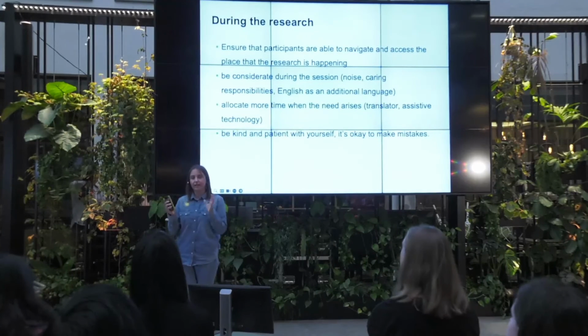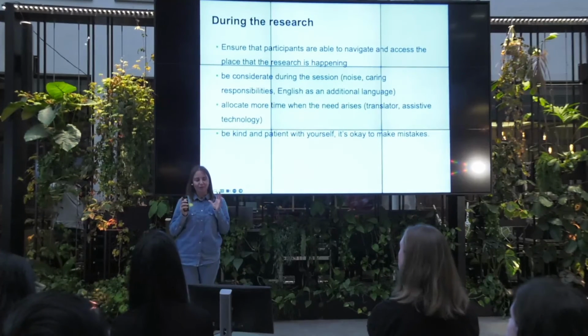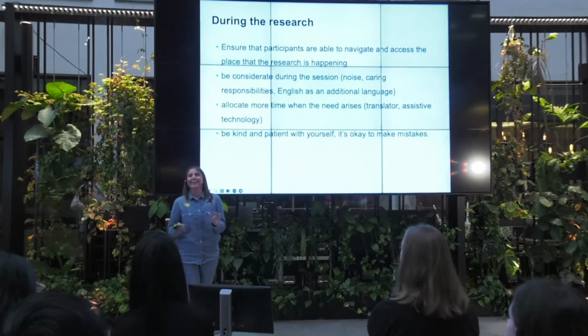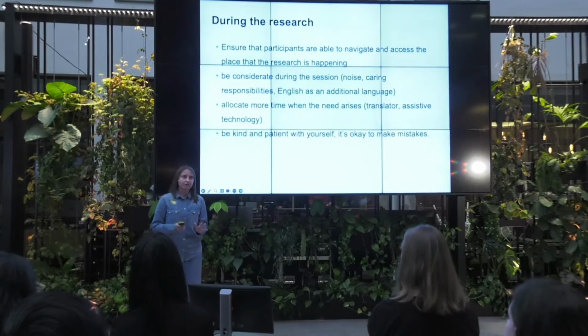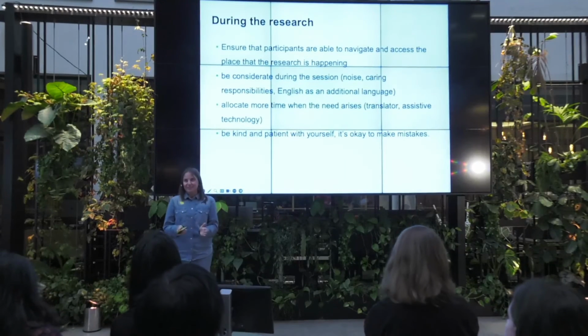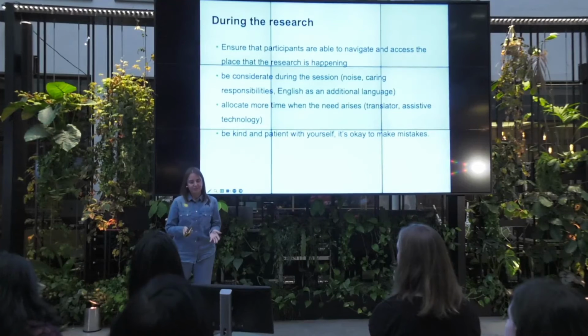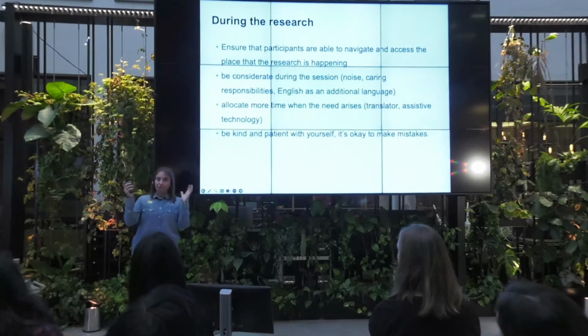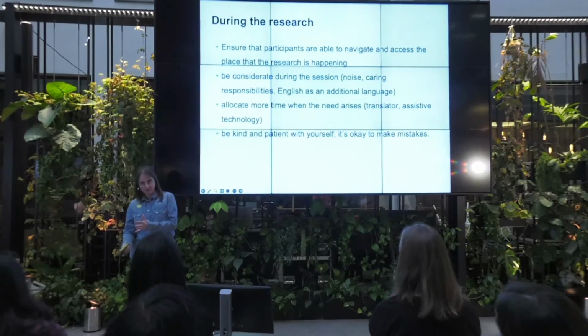I would really like to emphasize that no one gets this perfect. No one is inclusive all the time. So be kind and patient with yourself, and it's okay to make mistakes. I like this concept of being in your learning zone and then in the action zone.